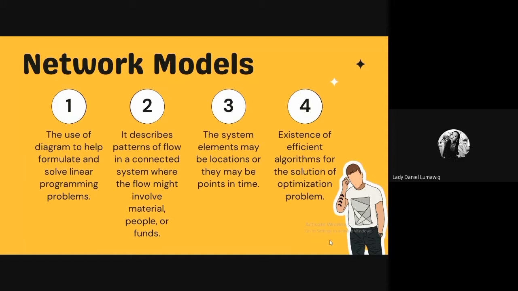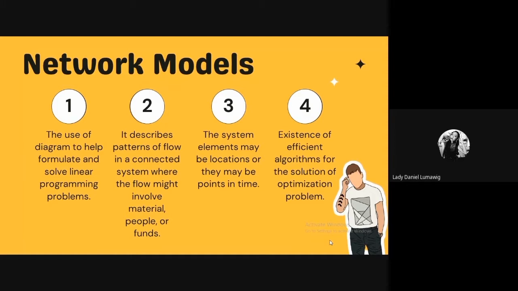Or if not locations, they may be points in time. So when a situation can be entirely modeled as a network, very efficient algorithms exist for the solution of the optimization problem, many times more efficient than linear programming in the utilization of computer time and space resources.